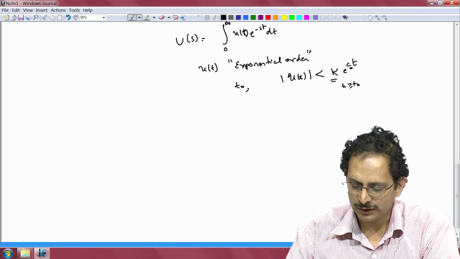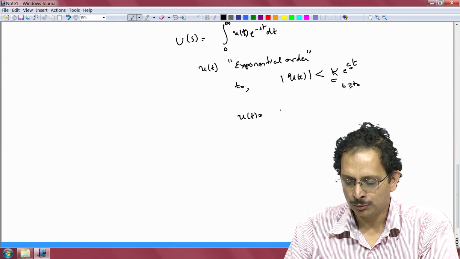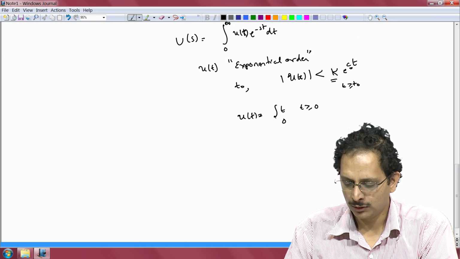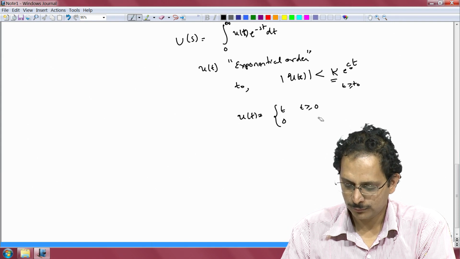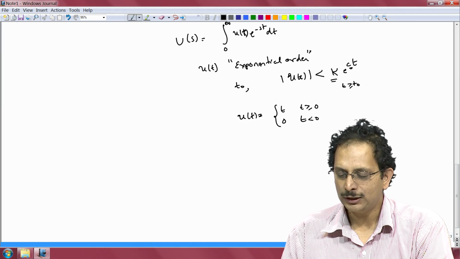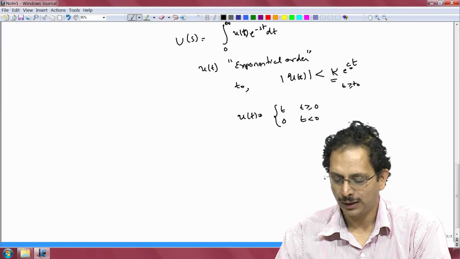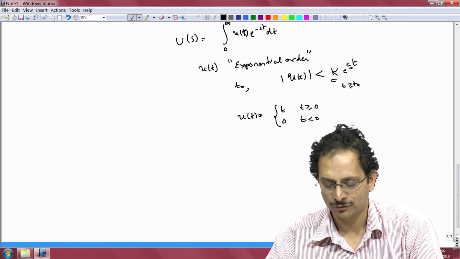So if you take for instance a ramp input u of t equal to t for t greater than or equal to 0 and 0 for t less than 0, then you can easily show that the value of c here can be arbitrarily close to 0, and yet I will be able to bound u of t by using such a value of c.